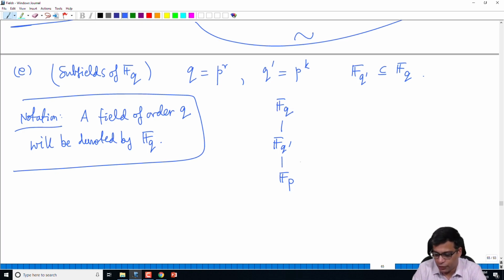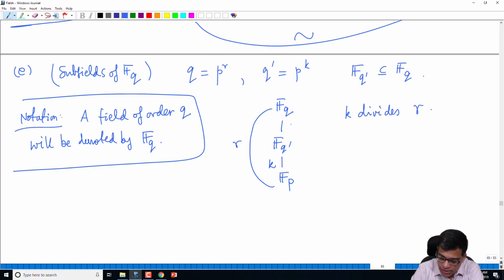What are the degrees of these extensions? What is the degree of Fq prime over Fp? Because q prime is p power k, I claim this is k, because the dimension will have to be the exponent. What is the degree of Fq over Fp? That's r, because q is p power r. So by the multiplicativity of degrees of field extensions, we know that k divides r.